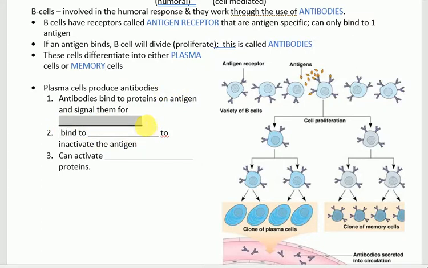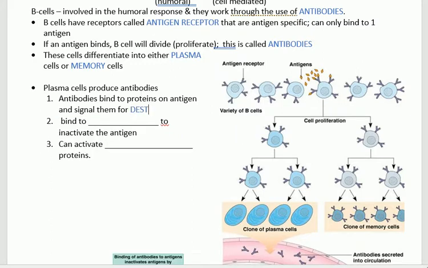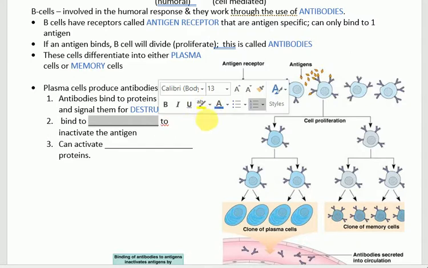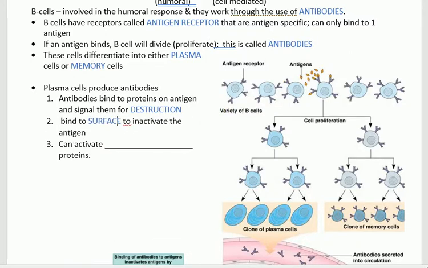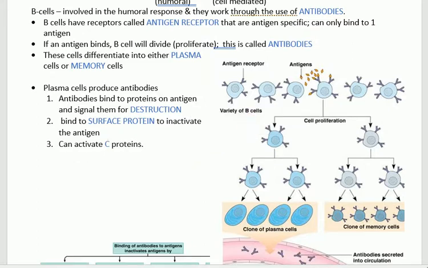So the antibodies are going to bind to the protein or on the antigen and signal them for destruction. They're going to bind to the surface protein to inactivate the antigen, and they can also activate complement proteins. So let's take a look at these three things that the B cells can do.